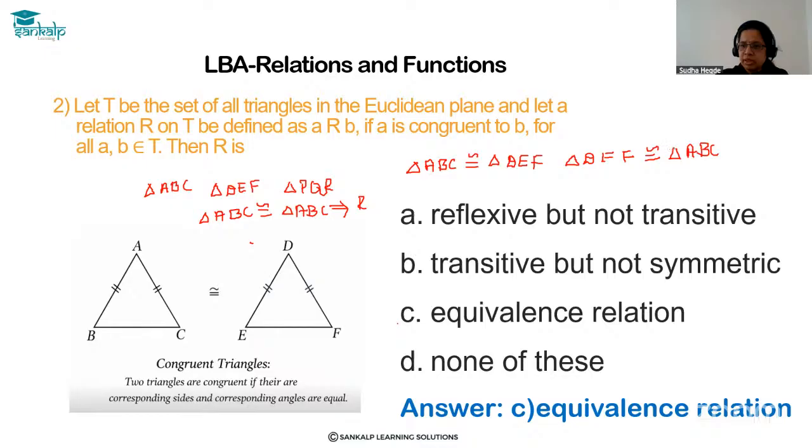If you take the reverse also, it should satisfy. That implies R is symmetric.